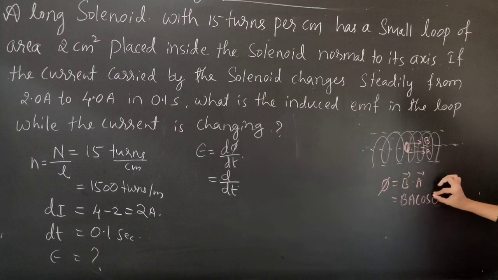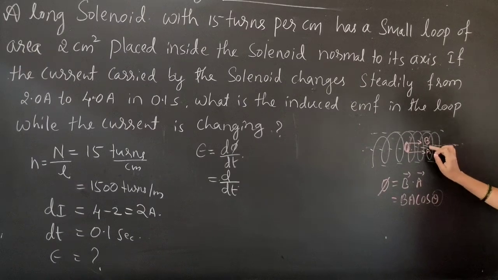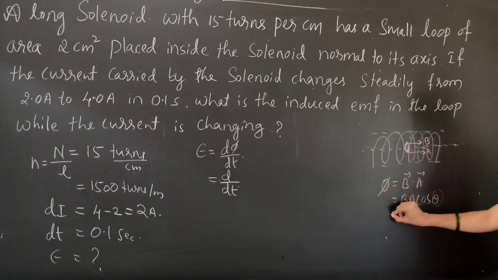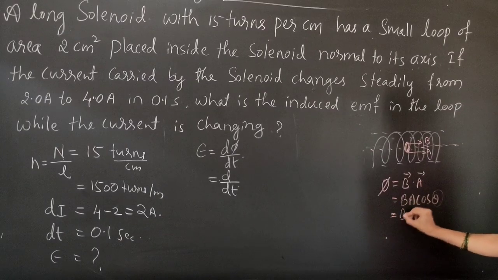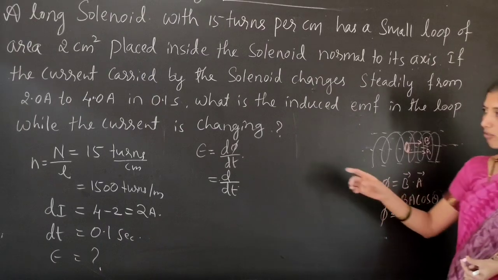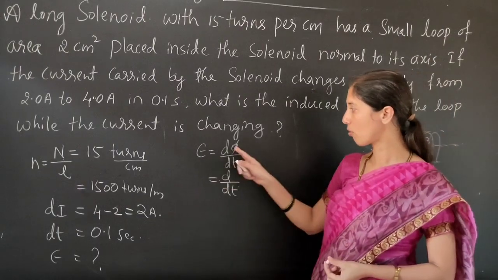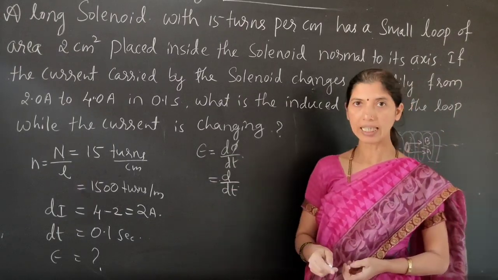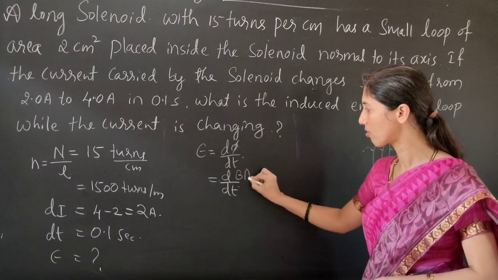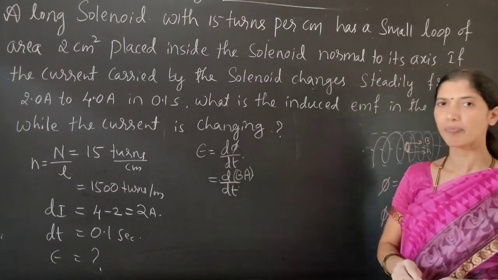As the field and area vectors are both in the same direction, they are parallel, therefore theta is equal to 0. Cos 0 is 1. Therefore phi is equal to BA. So EMF is d phi by dt, and instead of phi I will write B into A.